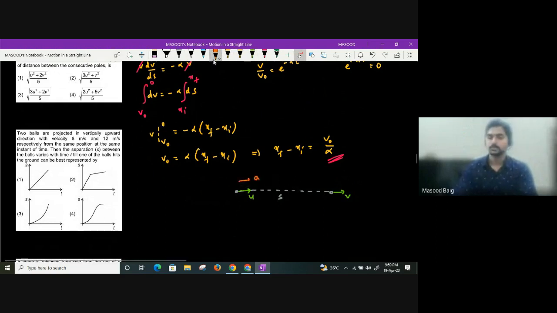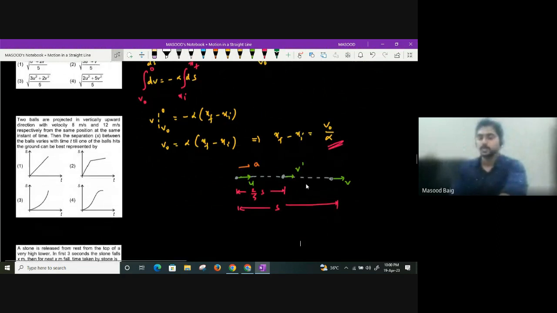Now they are asking, once it covers 2/5 of the distance, so 2/5 is 0.4 of the distance, what is the speed at this particular point? So already from here to here it is S. Let us say the speed here is v dash. In every case, it is going to move with constant acceleration.